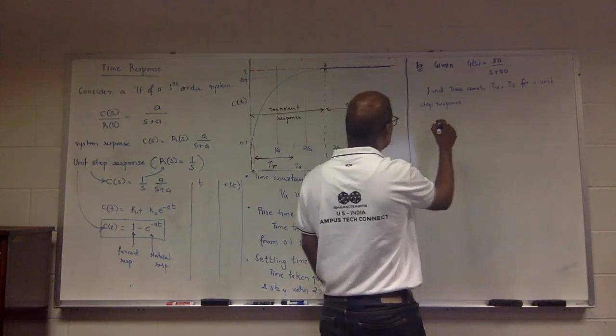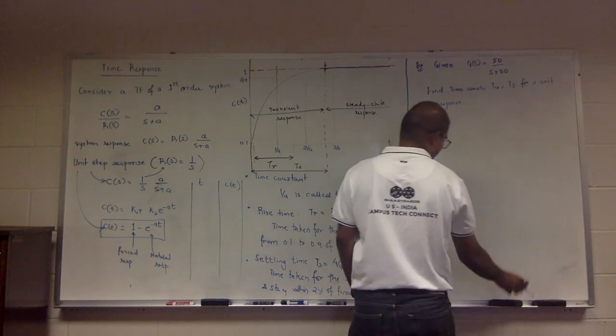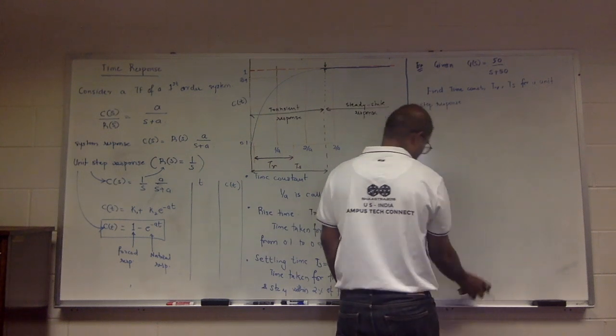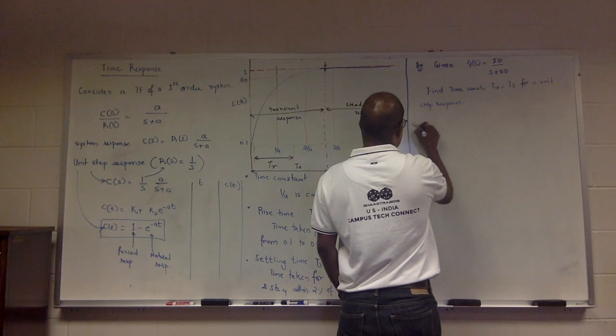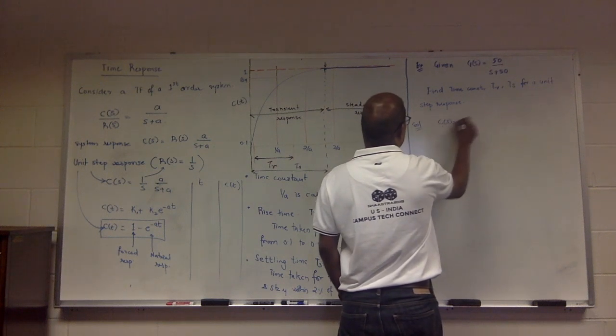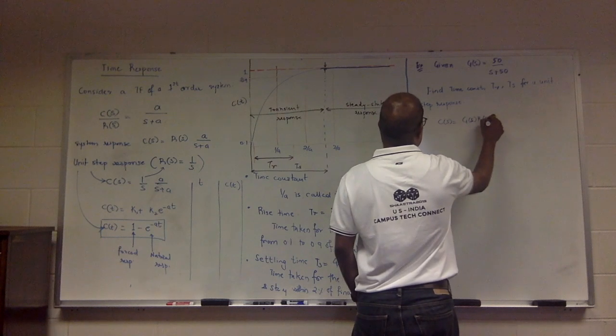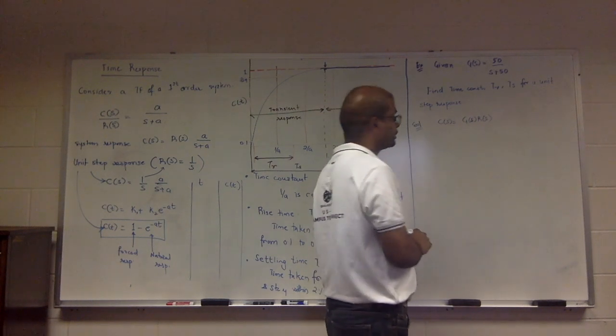Okay, so here you're going to do this. You don't have to do anything, but the solution would be, so what is C of S? It is G of S into R of S, right?